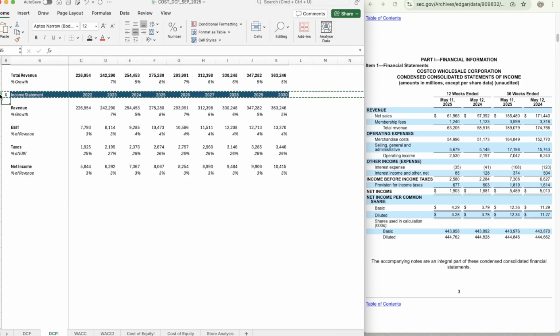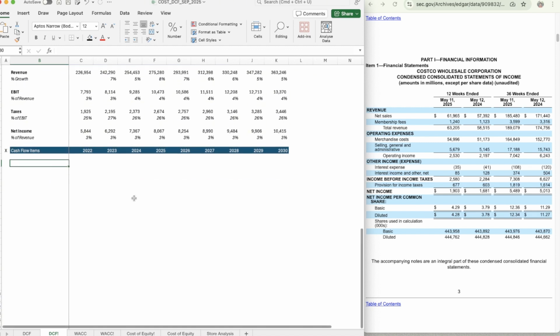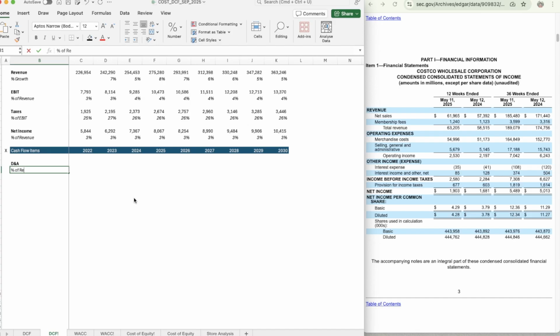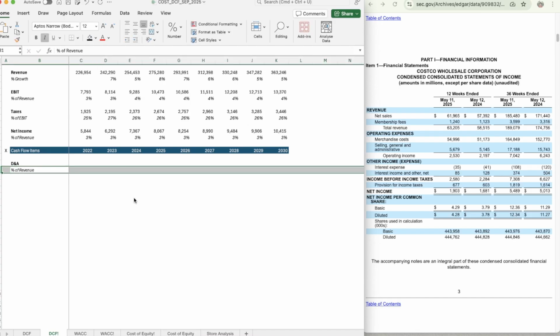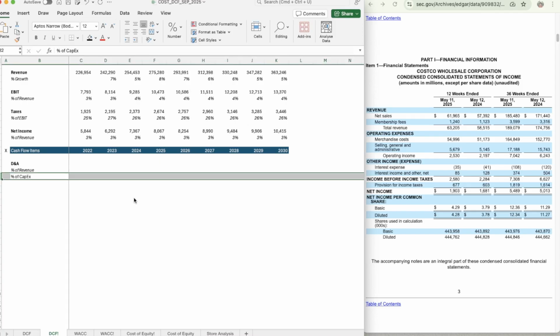Now the cash flow items. These include depreciation and amortization, capital expenditures, and the change in net working capital. So D&A, we want to know what that is as a percentage of revenue, and also as a percentage of CapEx.